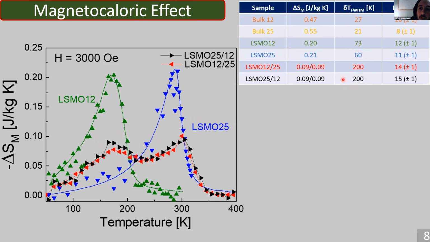And with the bilayers, this temperature range can grow to 200 kelvins. This is the range of temperature where the magnetocaloric effect is important. This also brings an increment of the refrigerant capacity, in comparison with the single layer thin films. So this is an improvement from the magnetocaloric point of view.